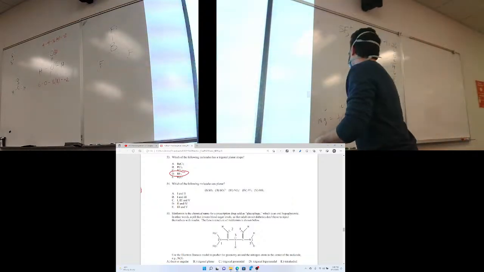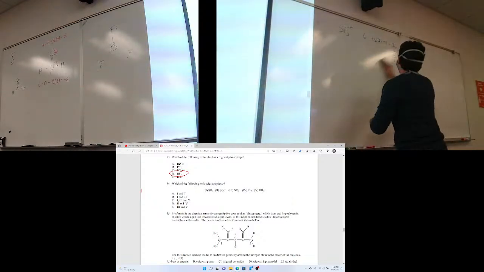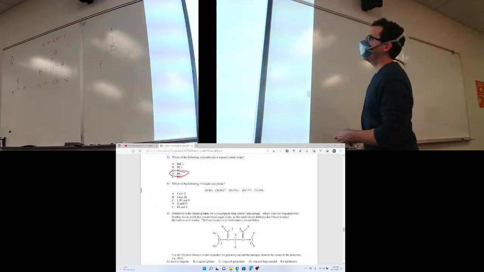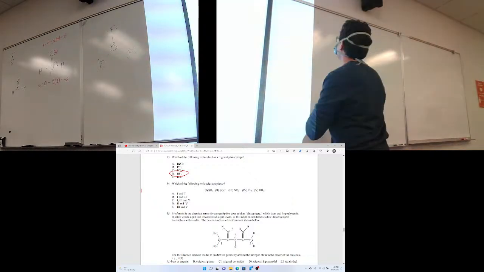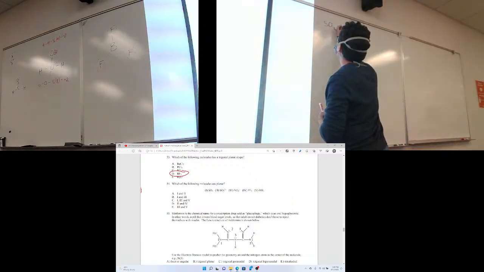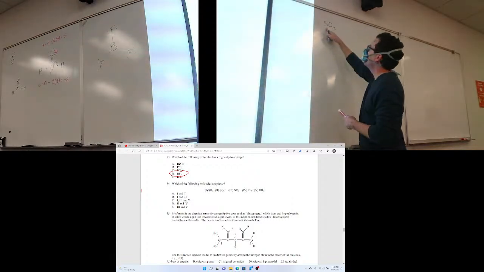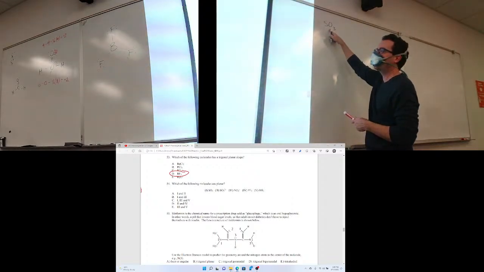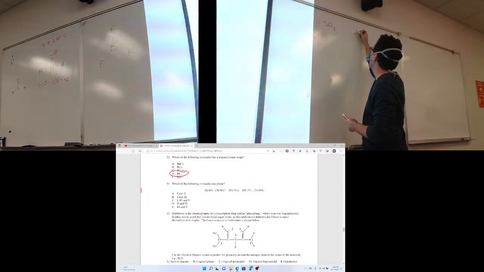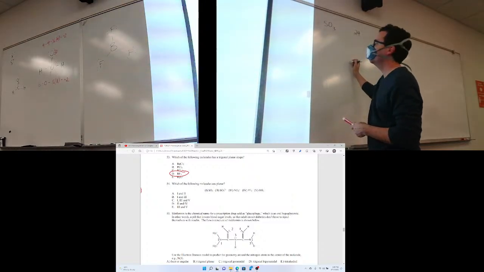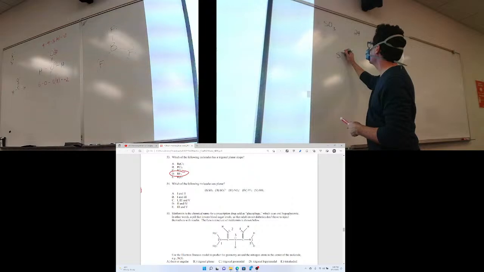So let's make sure. If you do all these, SO3, we'll do a few of these because they're tedious. Sulfur and oxygen all have 6 valence electrons, so 24 total electrons. I'll do that fast. This is going to look like this.